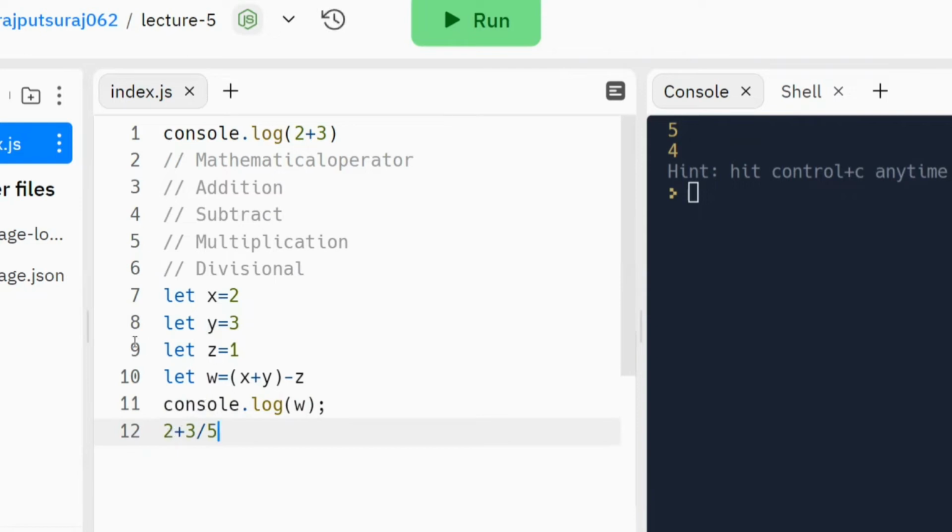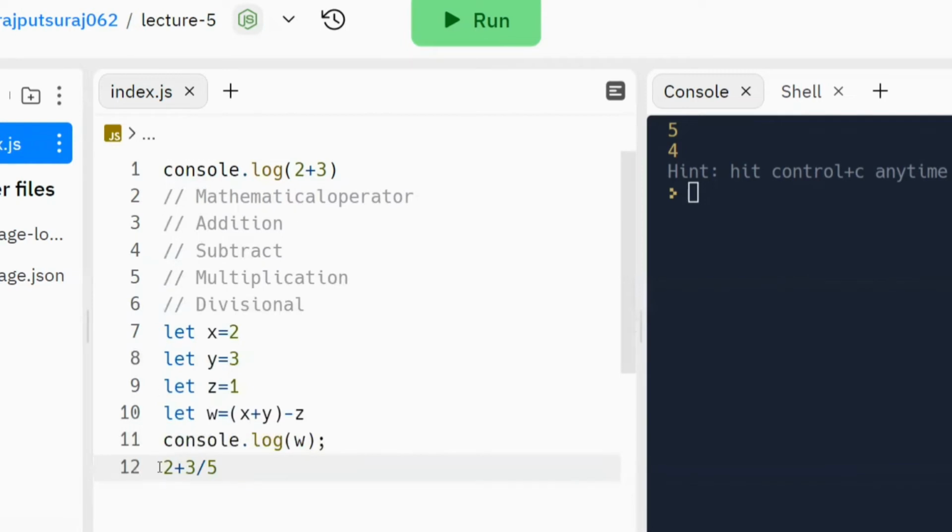The JavaScript processor, the compiler, will realize that. So first, you can see 2 plus 3 divided by 5. How does JavaScript work here?